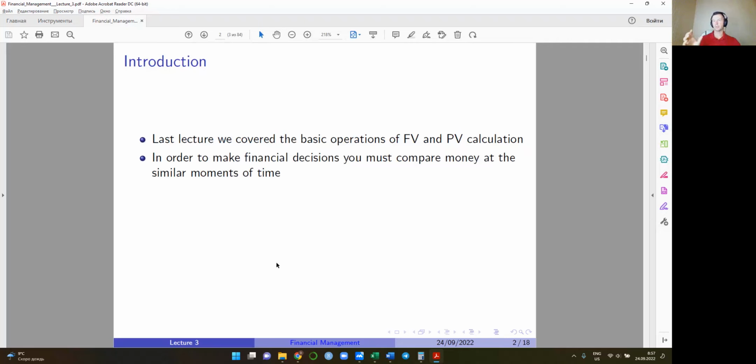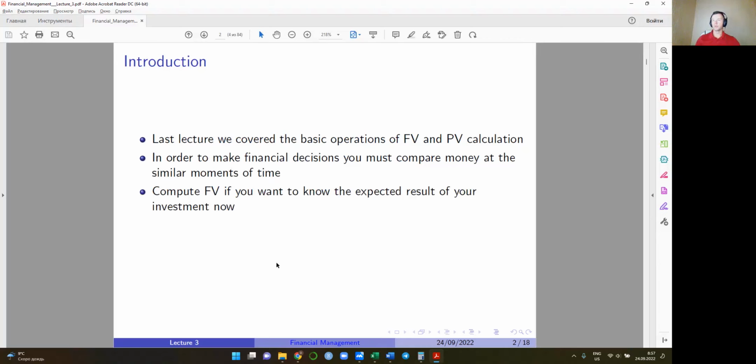You cannot compare an amount today and an amount 3 years after. It's not possible. You must either convert today's amount into the future, or you need to discount the future amount to the present time, and then you are able to compare these two amounts. That's the main purpose why we are doing all this mathematics.